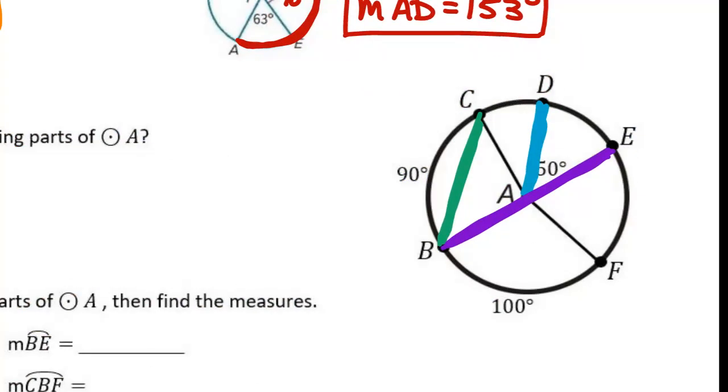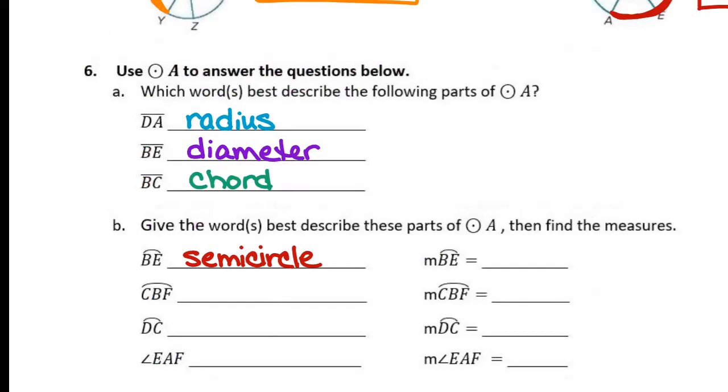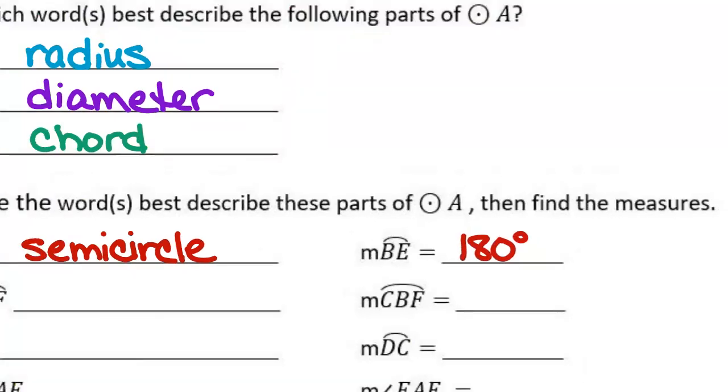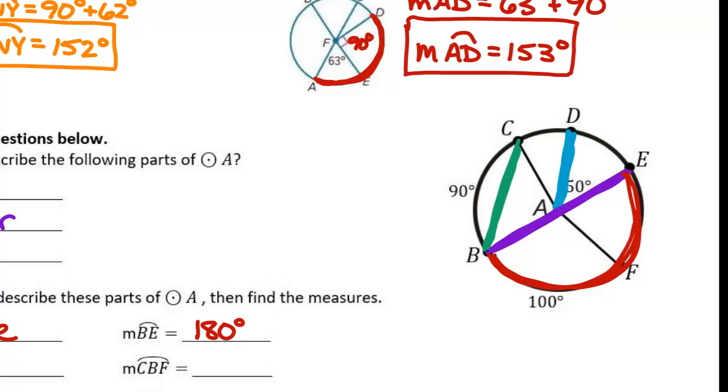What would we call arc BE? Semicircle. And a semicircle always has what measurement? 180 degrees. Then they want to know about arc CBF. I'm going to have to erase my other markings on here so that we don't get too much going on.